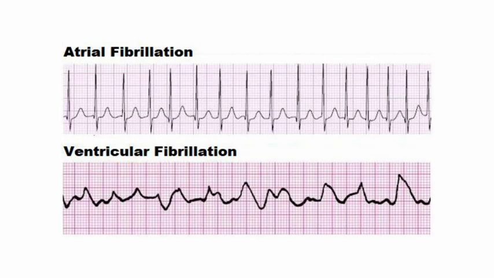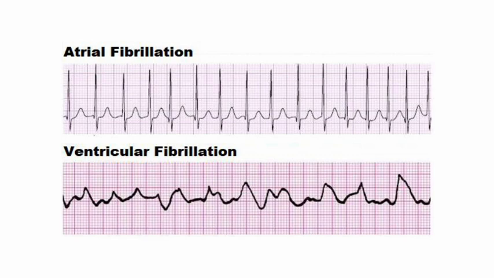So if you look here, you can see these two waveforms. At the top, atrial fibrillation, you see QRS complexes, but there's no discernible P wave, and there are actually better images that I probably should have grabbed that show a little more chaos in the atria.